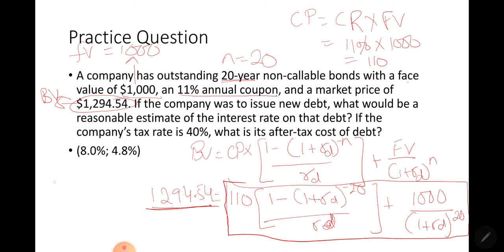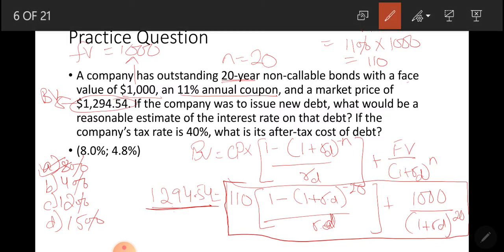Now whenever you get this question, I will always give it to you in the form of an MCQ. So you will have 8%, let's say 4%, then 12%, and then 15%. So you will have these rates with you. Once you try the 8% rate, it means you will keep 8% in all three places. You will see that the answer will come exactly 1294.54.